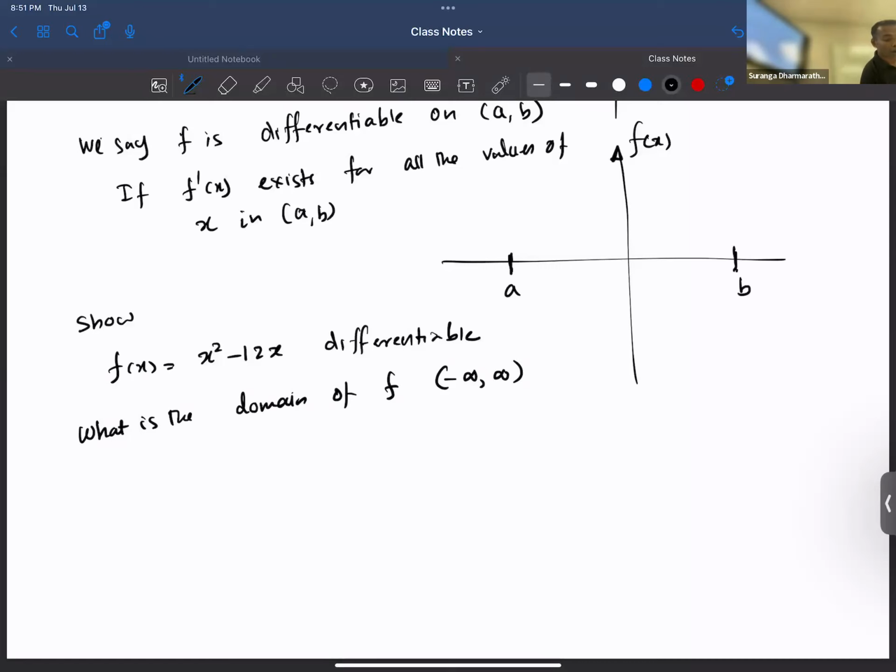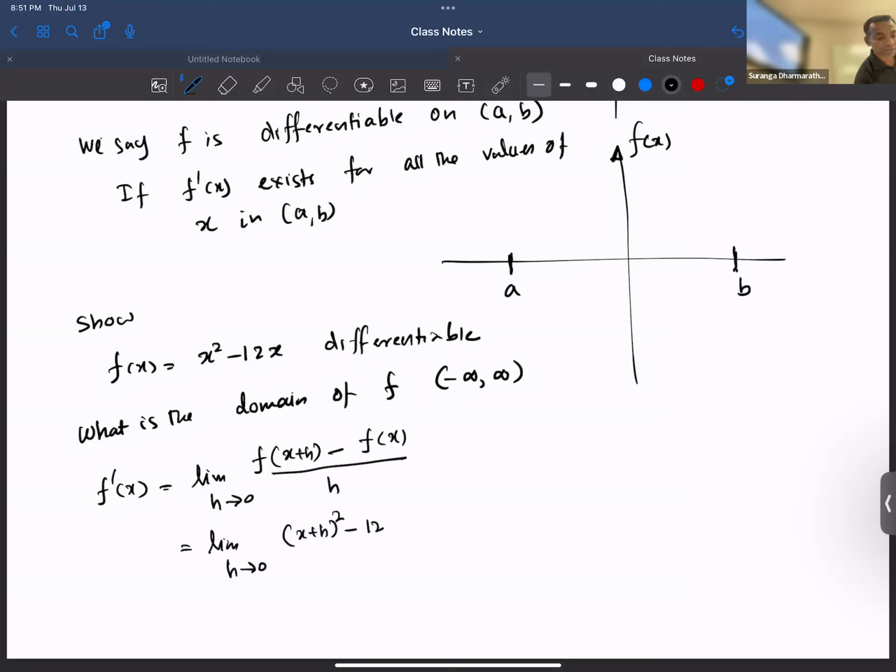So how do I find f prime of x? The limit as h goes to 0 of f of x plus h minus f of x, divided by h. Right? So I can write the limit as h goes to 0 of f of x plus h, which is x plus h squared minus 12 times... Sorry, it's actually a cube, not a square.